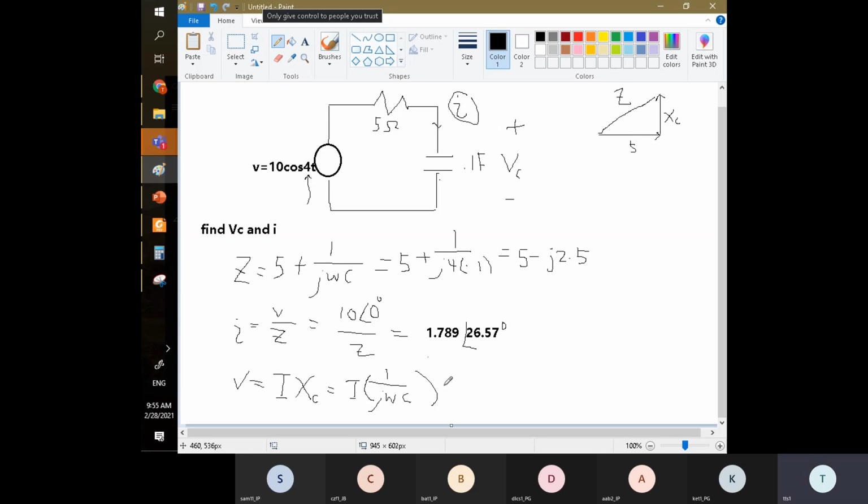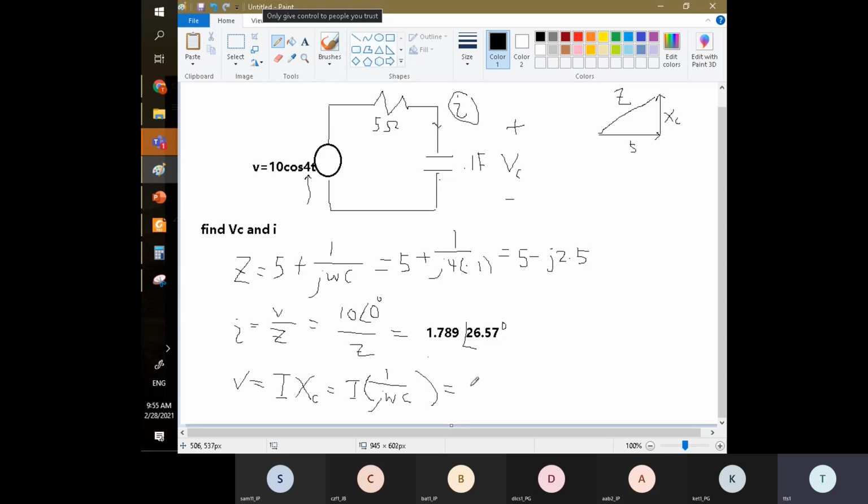After you work out the answer, I is in phasor form. Because they multiply each other, it's better to convert to phasor, since I is already in polar form.